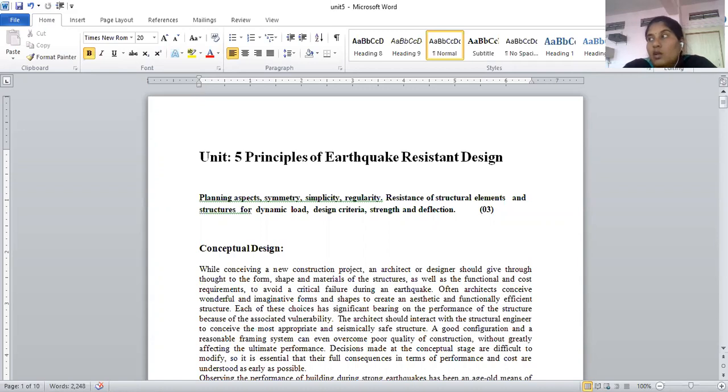It should not be too elongated, nor too elevated. Size should be moderate. Next one, have uniform and continuous distribution of strength, mass and stiffness. Means there should be a uniform and continuous distribution of strength, mass and stiffness. Next, have horizontal members which form hinges before the vertical members.